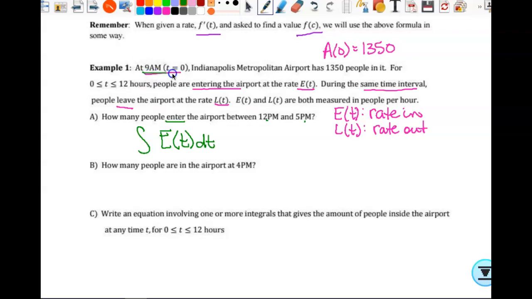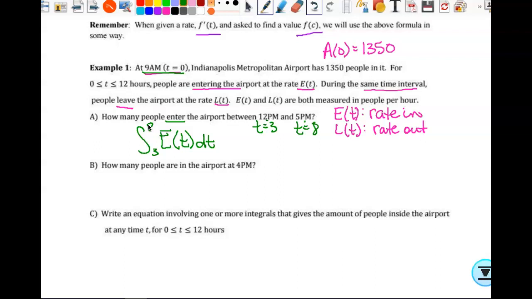It says at 9 a.m., t equals 0, so 12 to 5 is t equals 3 and this is t equals, not 5, 8. So I'm integrating from 3 to 8. Everybody okay with all that? That makes sense? Understand where I came up with all the numbers?